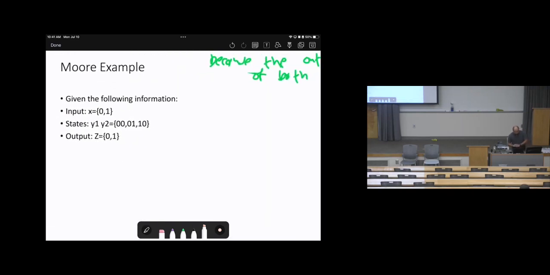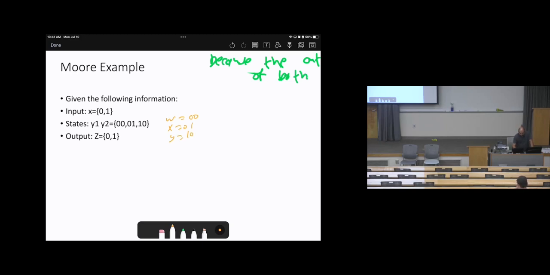Let's go to Moore's model example. So in Moore's model, we will assume some states. We can either assume them A, B, C, or I can assume them as W, X, Y. Let me assume W as 0, 0, X as 0, 1, Y as 1, 0.